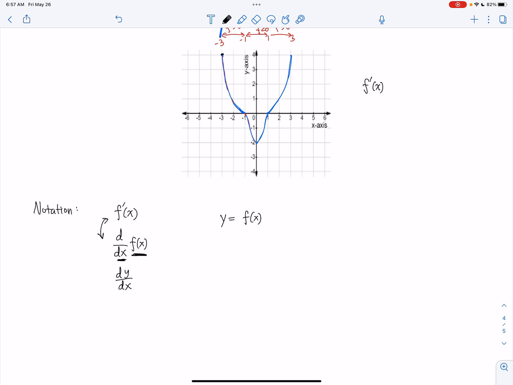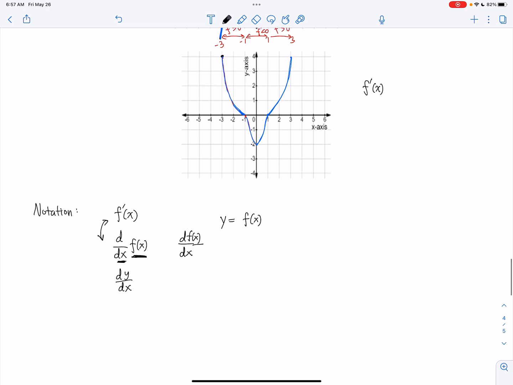So they are all the same. For the middle one, the second one, some people just write d/dx f(x). You can put this f(x) either on the top, in the numerator, or you can write this f(x) after d/dx. So d/dx is what we call this operator.